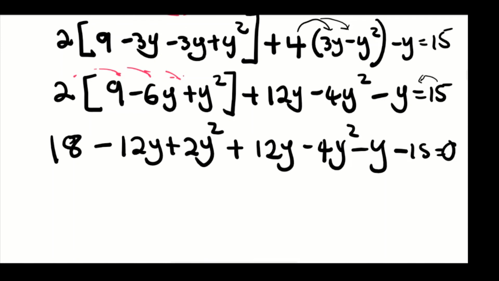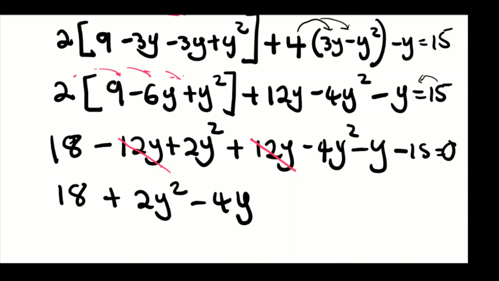And then if you collect like terms, you'll see that this minus y will subtract this 12y. So these two go away, and we'll remain with 18 plus 2y squared minus 4y squared minus y minus 15 being equals to 0.